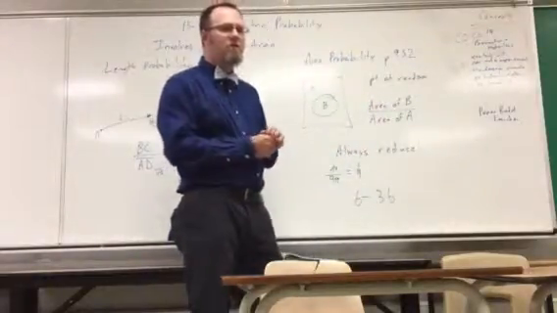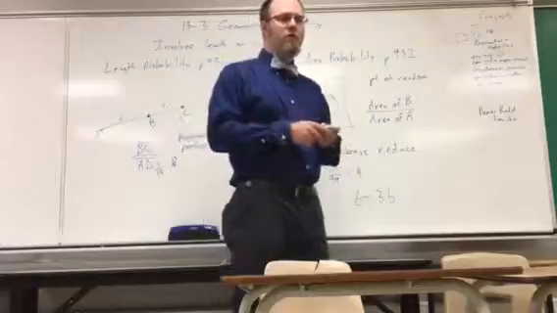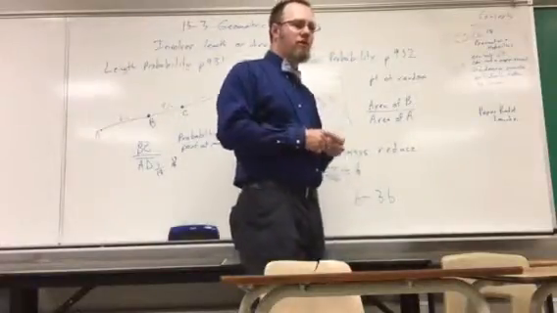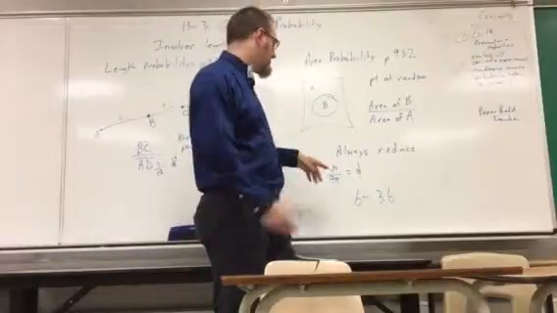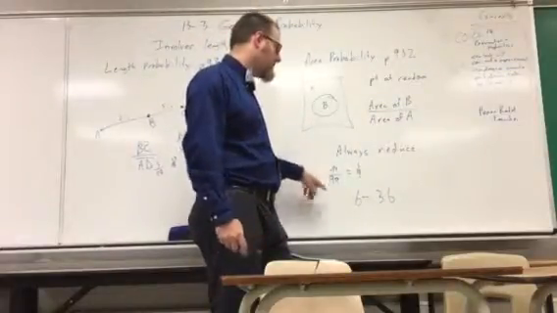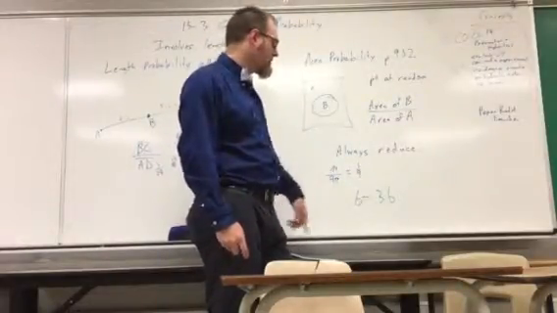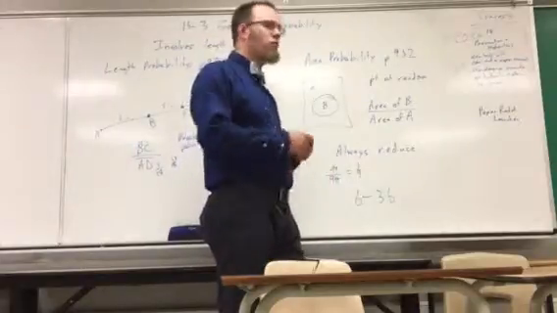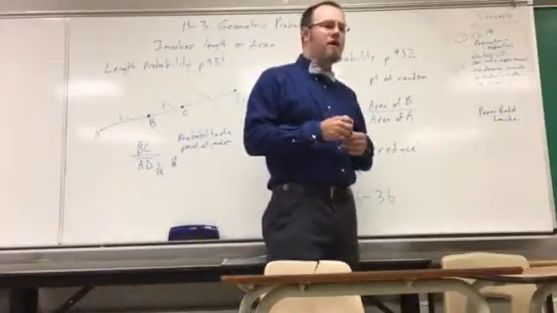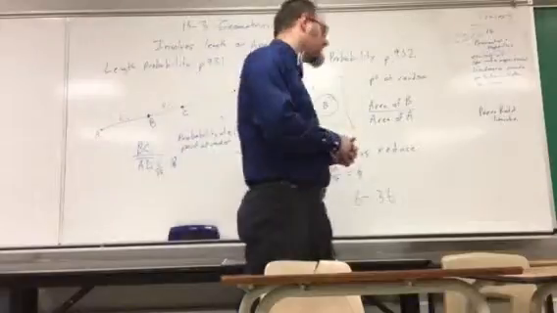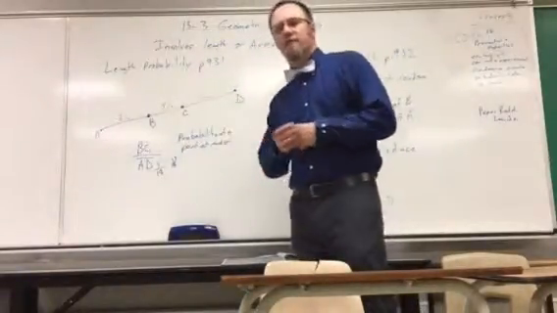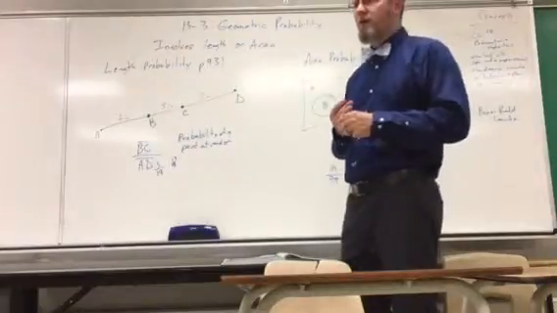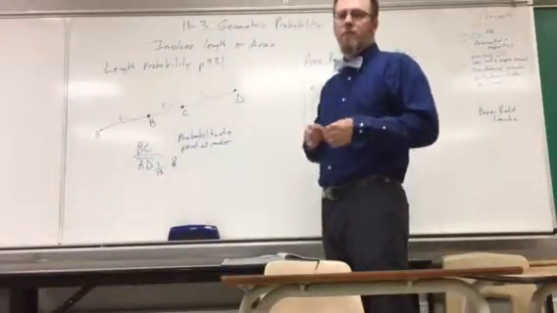Remember on these, especially if it's concentric circles or any kind of circle within a circle that you're trying to figure out the probability, make sure you reduce. If you leave it in terms of pi, it's going to be easier. If we have pi over 9 pi, it just reduces down to 1/9. If you've got any kind of fraction like the 5 over 18, if it had been 6 out of 18, then we would have reduced it down to 1/3.